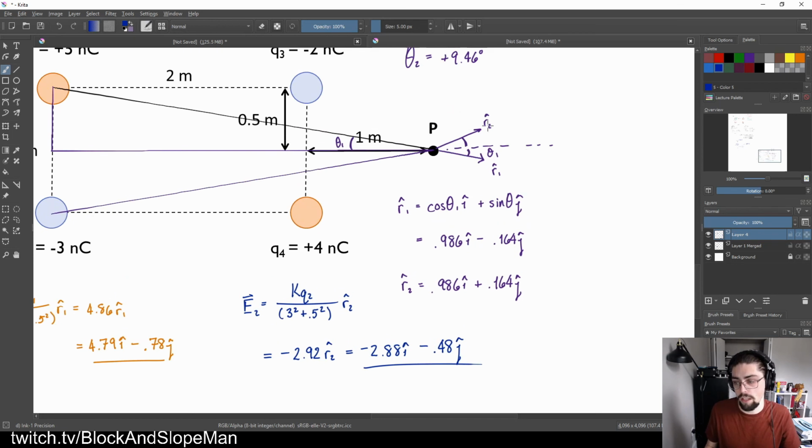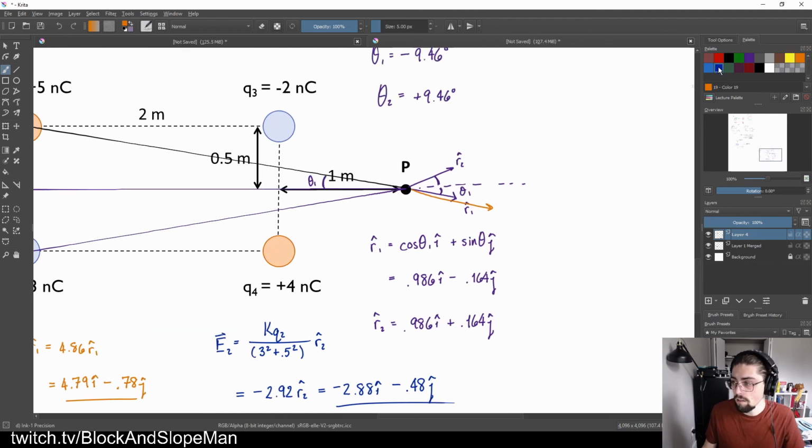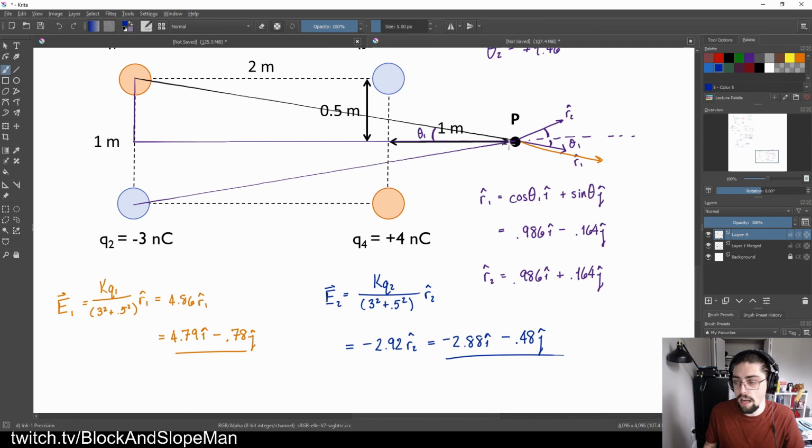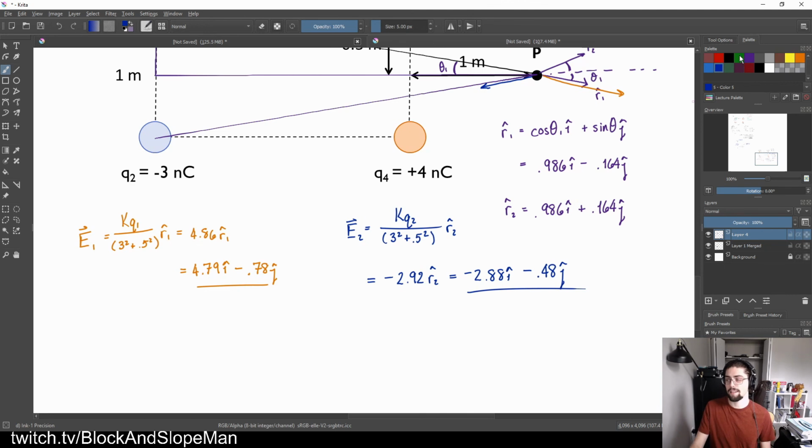And then we look at this thing and we say, okay, let me check all of these things real quick. I expected my positive charge to have an electric field radially outward like this. Positive x, negative y. It is. For my negative charge, I expect it to be radially inward like this. Negative x, negative y. It is. Fantastic. Our picture agrees with all the math that we just plugged in, and that's a good sign, because if those don't agree, something's wrong somewhere.